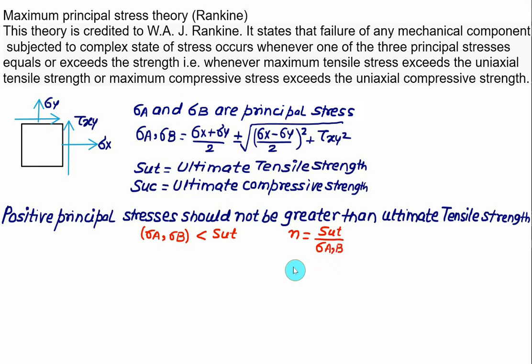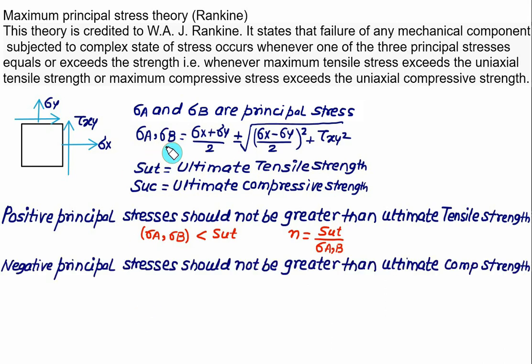And if both values come out to be negative, in that case you have to compare the negative principal stress, which should not be greater than the ultimate compressive strength. So if A is negative and B is negative, we don't know which one is most negative, so you have to take the absolute value of principal stress A or principal stress B, whichever is maximum.